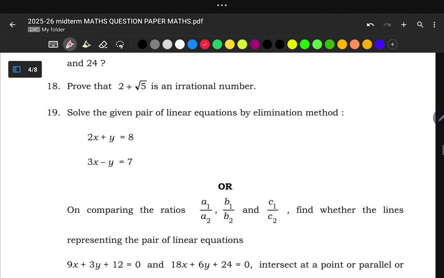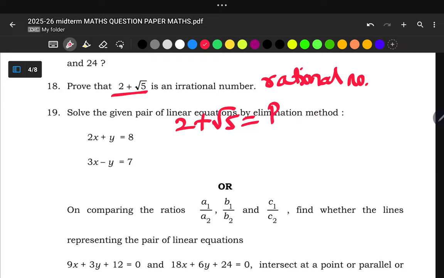Yes, see the question number 18, or simply look at here how to solve. To prove 2 plus root 5 is an irrational number, just consider it as a rational number. Rational numbers means you will get two integers p and q. Like that, if 2 plus root 5 is rational, we write it in the form of p by q.